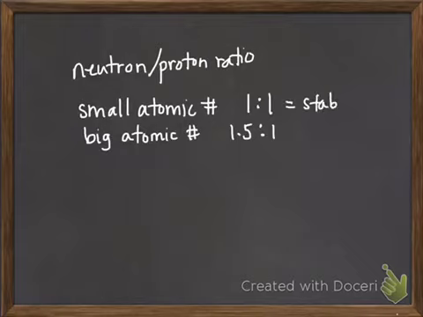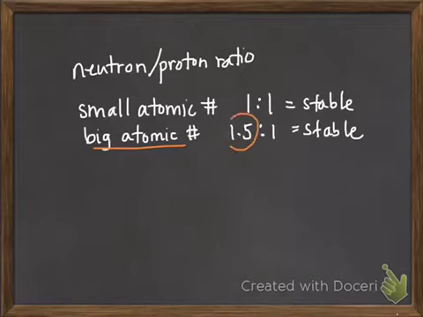Okay, and so again, this would be a stable isotope. Think about this logically for a second. This would make sense because if you're a big atomic number, you have lots of protons in your nucleus. Therefore, you would need more neutrons in your nucleus to help stabilize you, as well as a strong nuclear force.